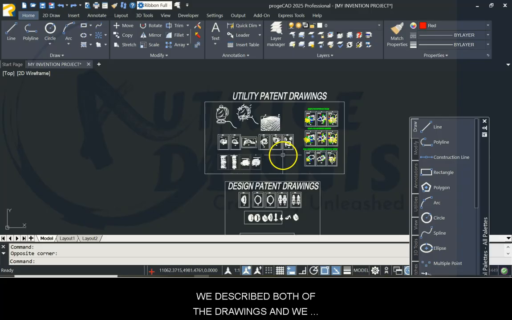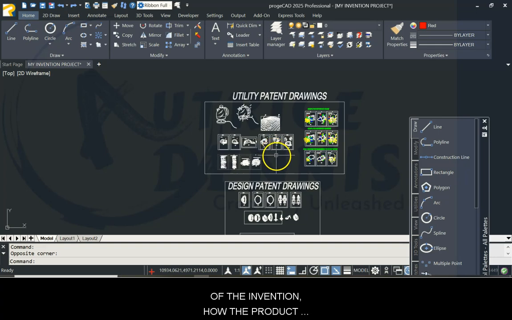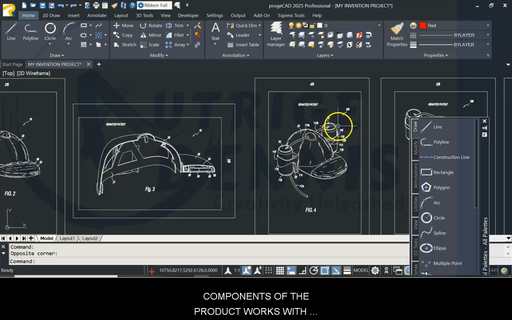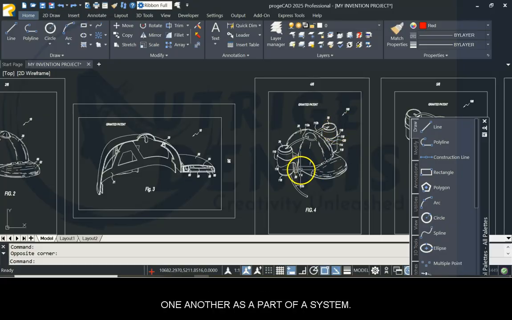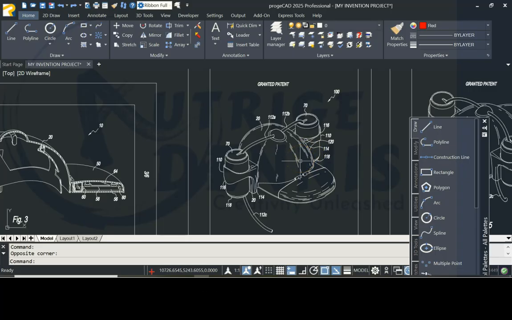We described both of the drawings, and we mentioned that utility patent drawings depict the operational aspects of the invention, how the product works, how individual components of the product work with one another as part of a system. For example, you see here how everything works together as part of a system. And that's what a utility patent application covers.